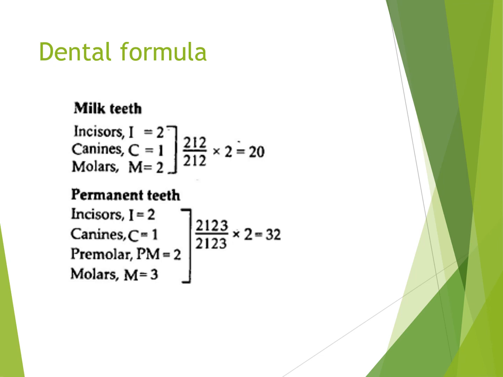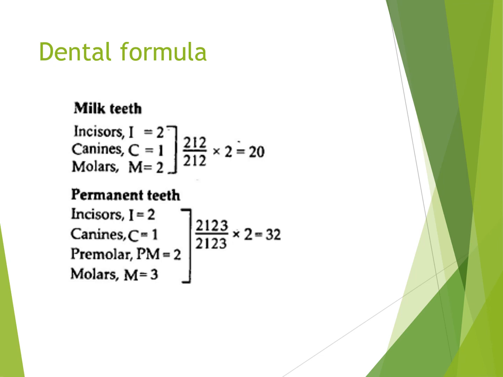So we have something called a dental formula, which makes it easier to identify the number of teeth in each set of dentition. In deciduous dentition, or the milk teeth as they are referred to, we have two incisors, one canine and two molars in each jaw.